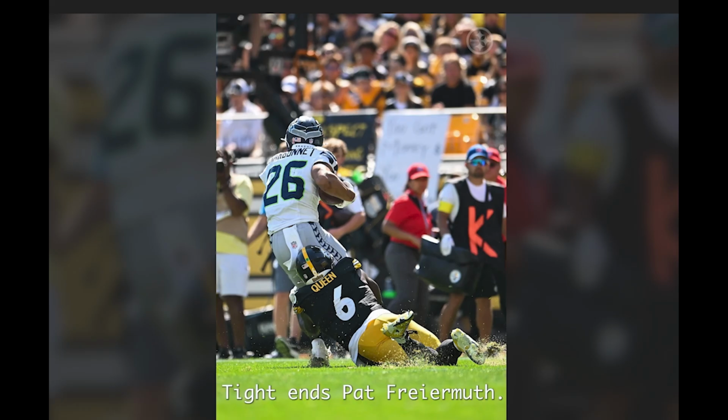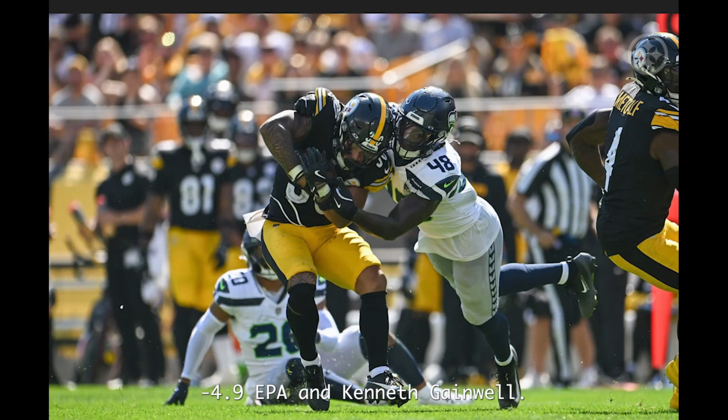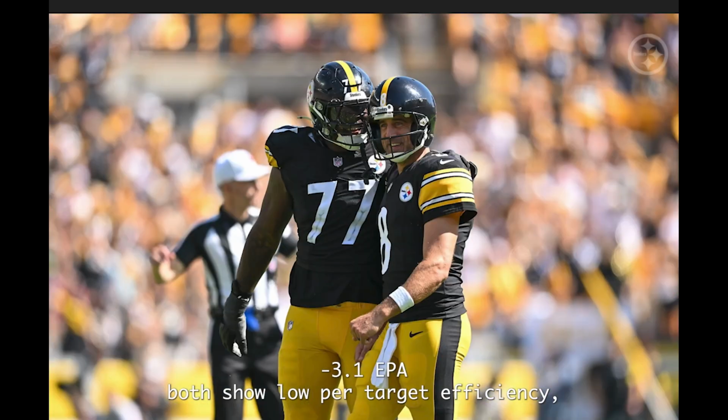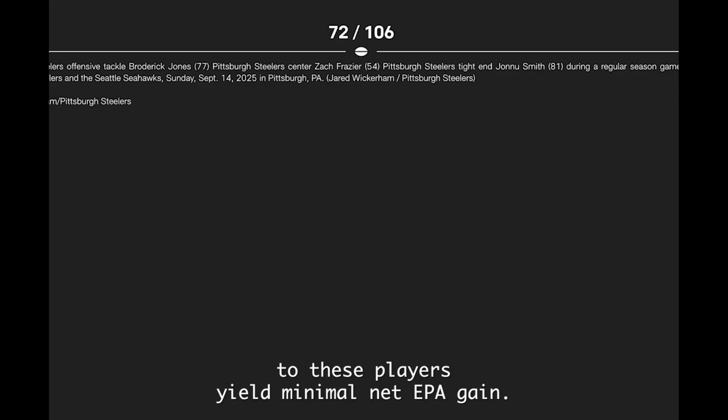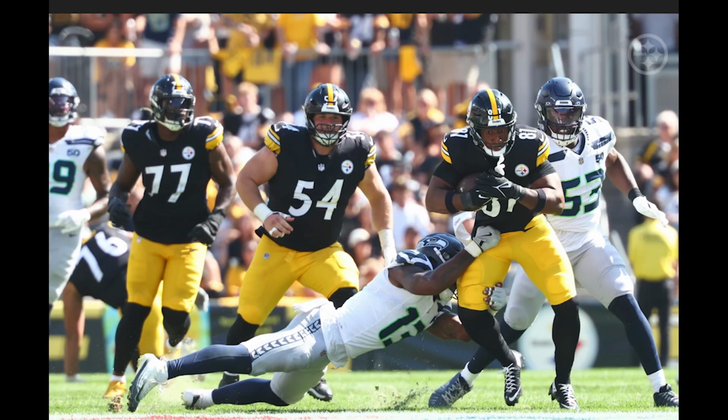Tight ends Pat Freiermuth, -4.9 EPA, and Kenneth Gainwell, -3.1 EPA, both show low per-target efficiency despite decent YAC figures, suggesting that short passes to these players yield minimal net EPA gain.